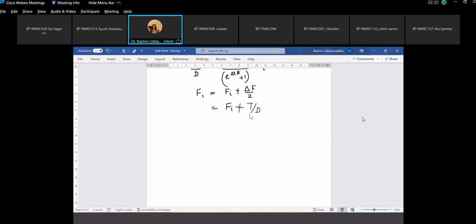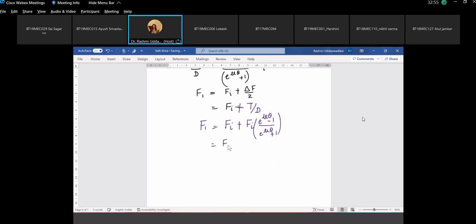So the del F by 2 is T by D. And T by D is this. So this is Fi plus Fi times (e raised to mu theta minus 1) upon (e raised to mu theta plus 1). This is the tension on the tight side.